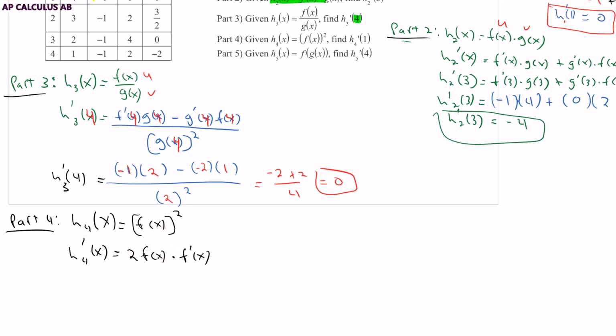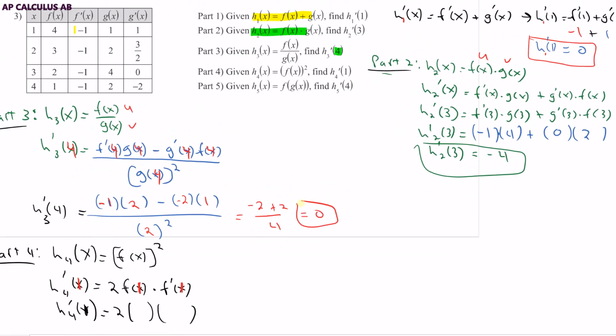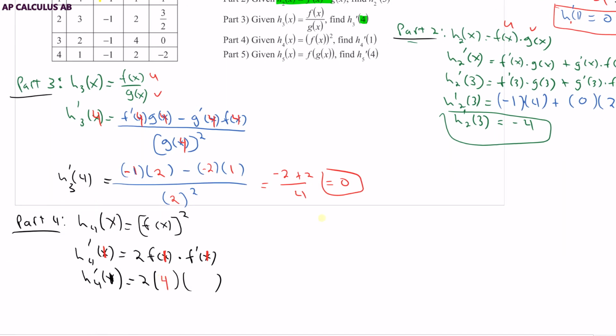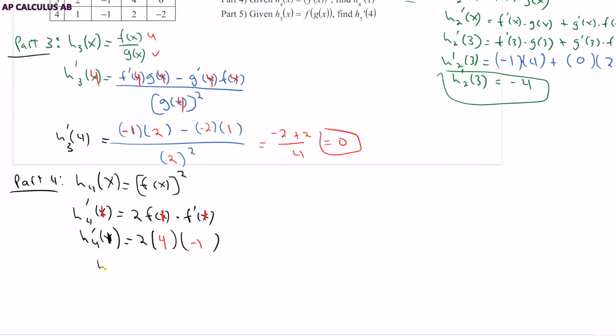And then again, we're just going to replace these with our numbers, which it wants us to evaluate at 1. So we're going to replace all our x's with 1s. And that will give us 2 times something, right? And so f of 1 is 4. From our chart up there, we can see f of 1 is 4, and f prime of 1 is negative 1. So we have the derivative is 2 times 4 times negative 1, which is negative 8. All right, that's part 4.